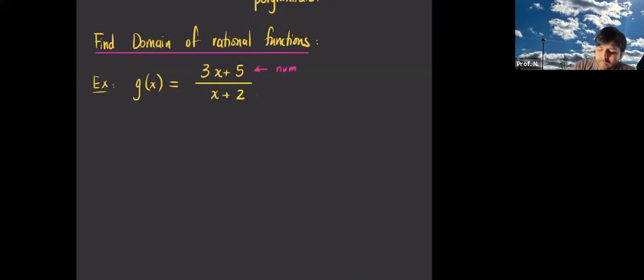This is the numerator. This is the denominator. Both of them are polynomials. The numerator is a polynomial of degree 1. The denominator is a polynomial of also degree 1. They're linear. I want to find the domain of g of x.